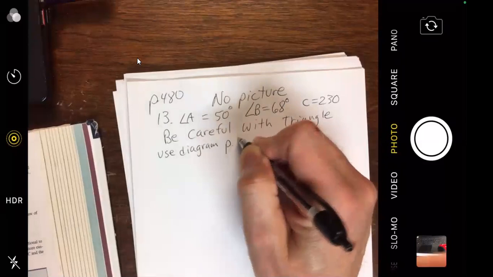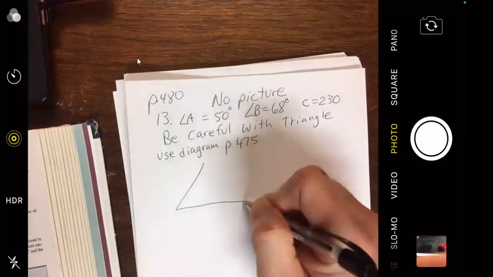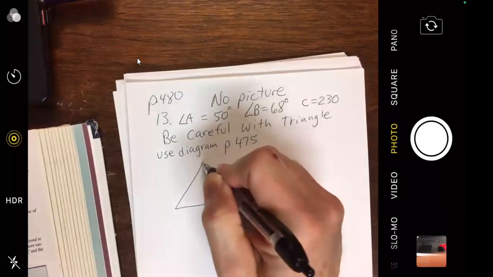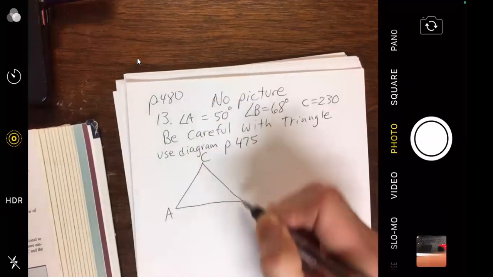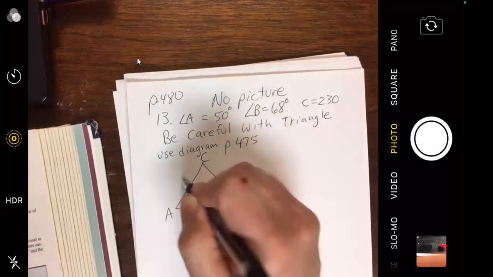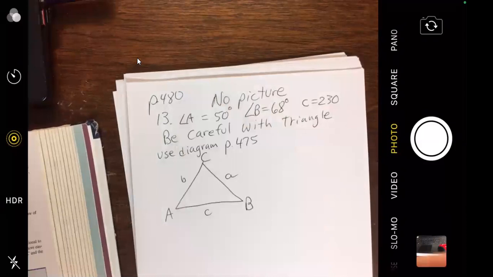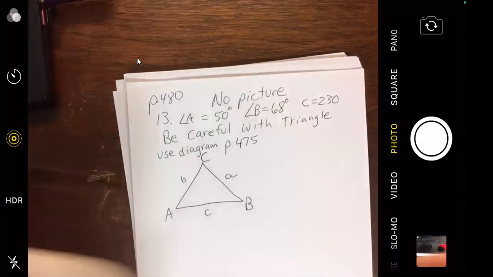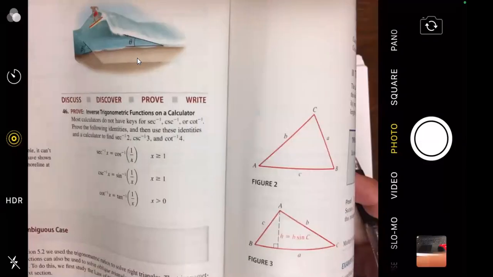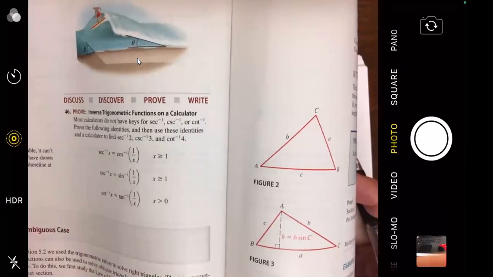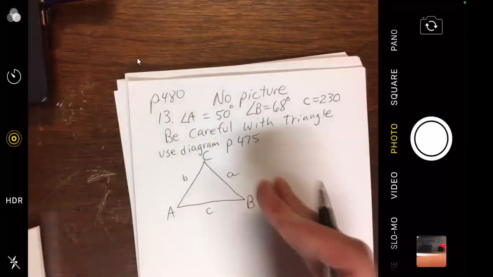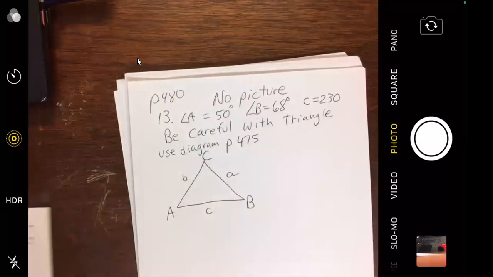Page 475, where they're putting big A there, big C there, big B there, little a, little b, little c. You can't set these things up willy-nilly if you want to get the answers in the back or want your WebAssign answers to match. You really have to be careful to line things up opposite what they tell you they are.